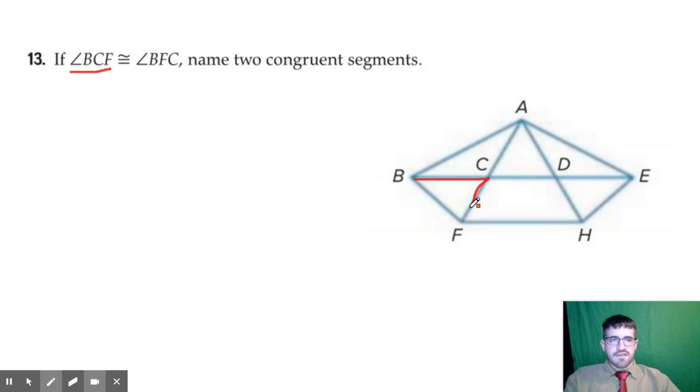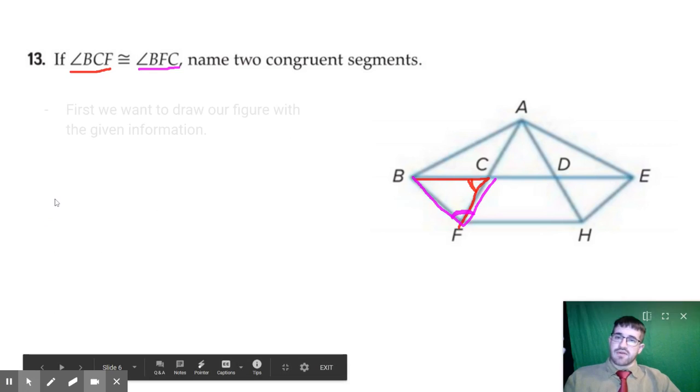Angle BCF. And angle BFC. So here's BFC. Angle BCF. And we want to name two congruent segments.